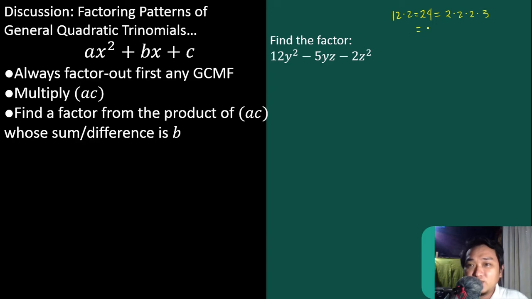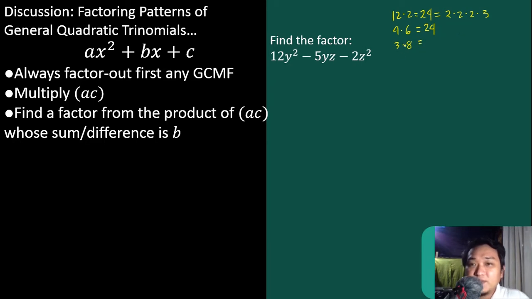We can also make use of 2 times 2, 4. 3 times 2, 6. That is 4 times 6. That is also equivalent to 24. So what else? 8 times 3. That could be 3 times 8.